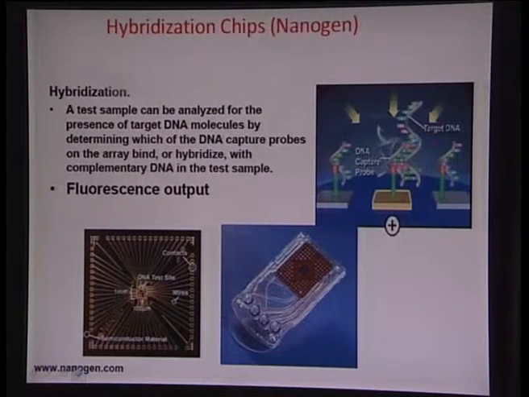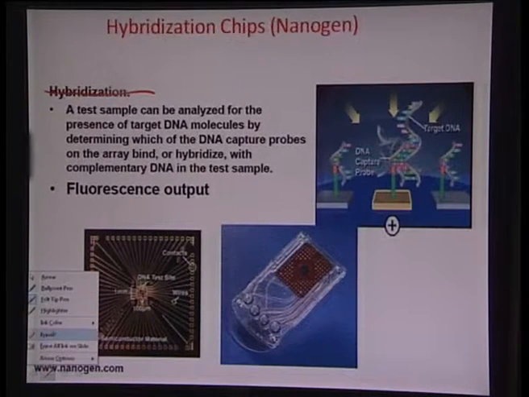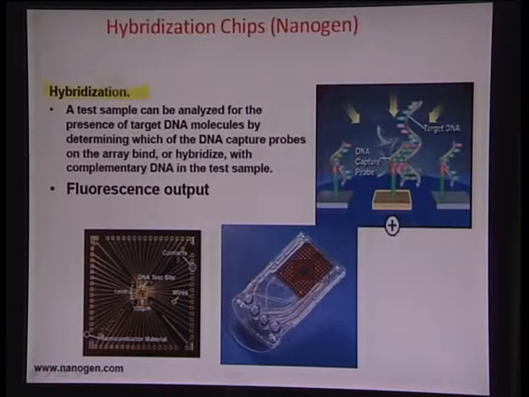So essentially, in a nutshell, the hybridization mechanism is the primary detection mechanism used in these biochips, wherein a test sample can be analyzed for the presence of target DNA molecules by determining which of the DNA capture probes on the array bind or hybridize with the complementary DNA in the test sample.